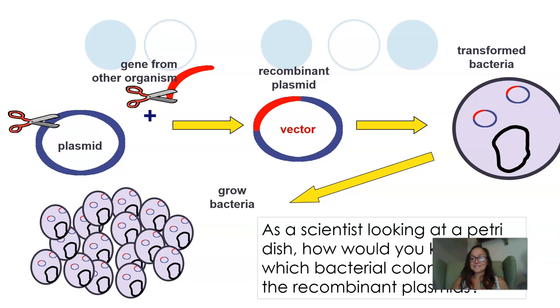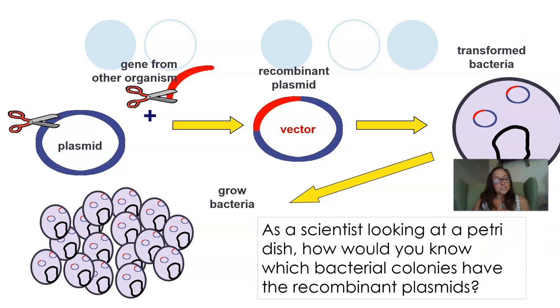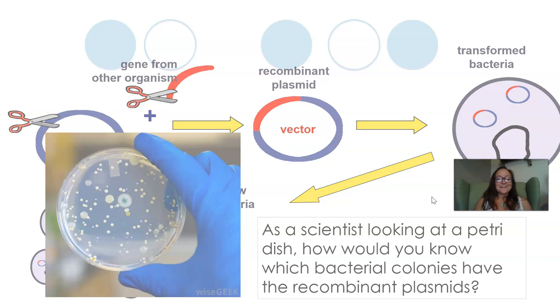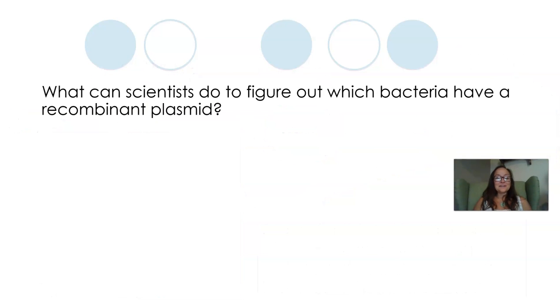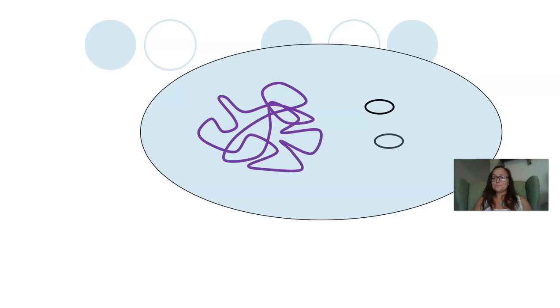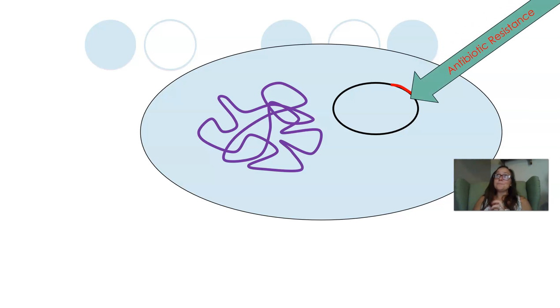So if you are a scientist looking at a petri dish, how would you know which ones have those recombinant plasmids? Here is one of the ways. When scientists use plasmids, they can use a genetically engineered plasmid that has a region that carries the gene for antibiotic resistance.